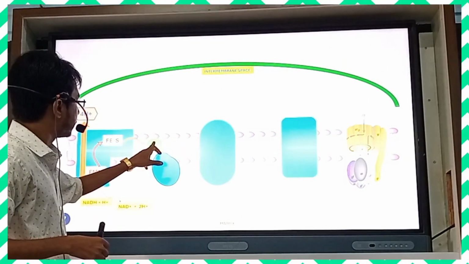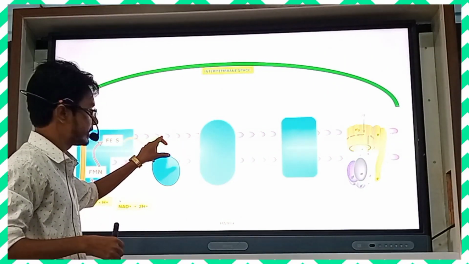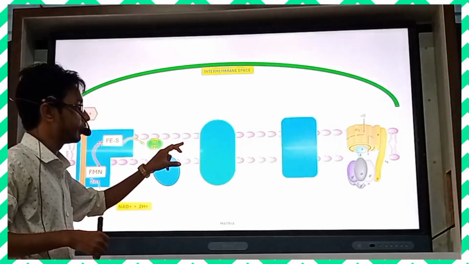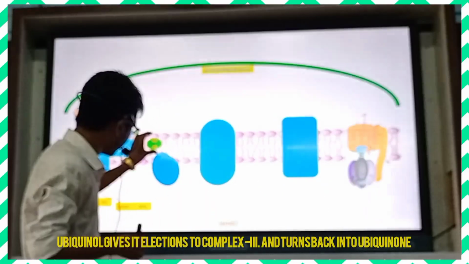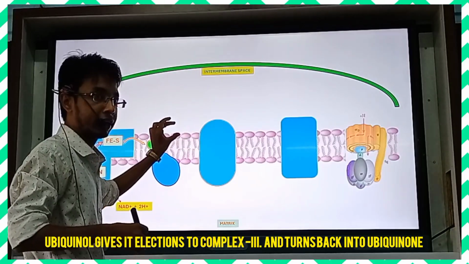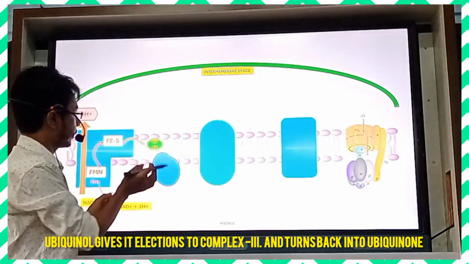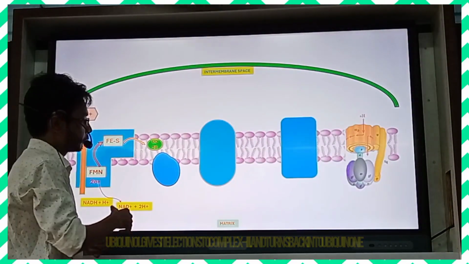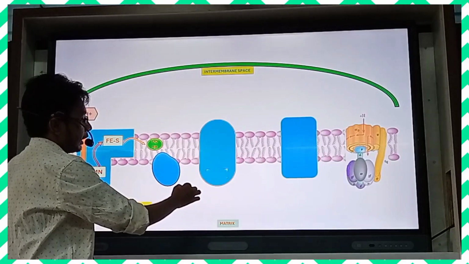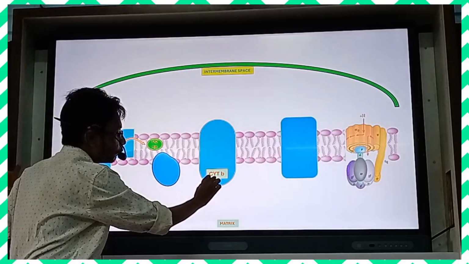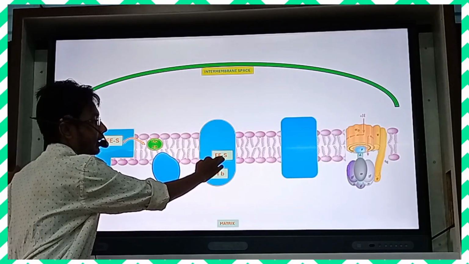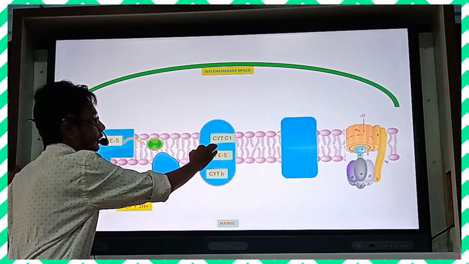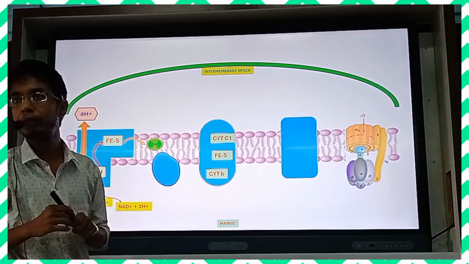Ubiquinol releases its electrons and turns back to ubiquinone. Now see what happened. Electrons first pass to the cytochrome b, then the iron sulfur protein, and then the cytochrome c1 complexes.